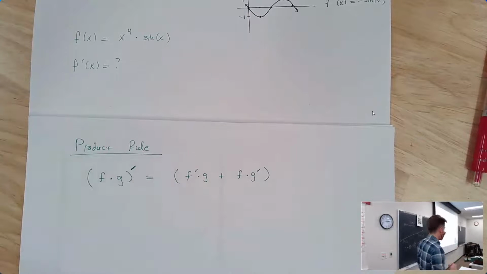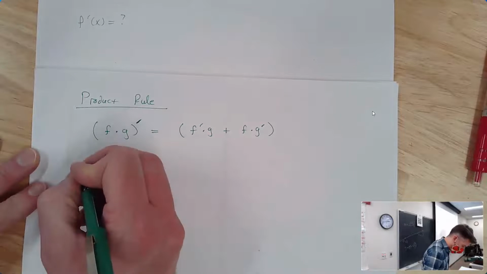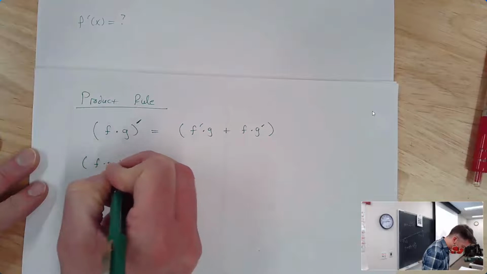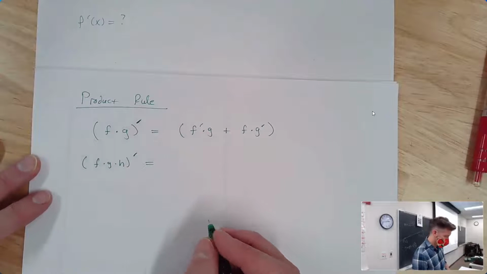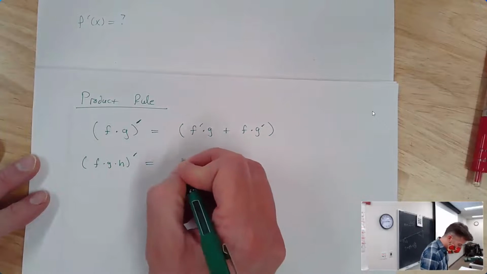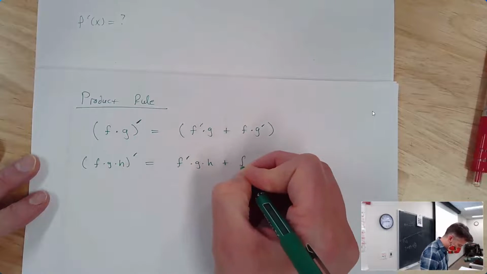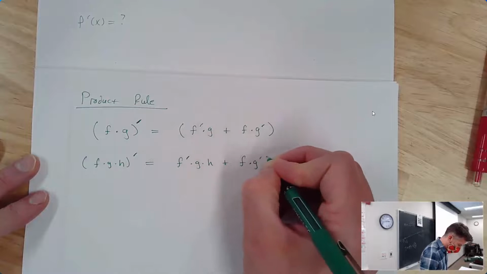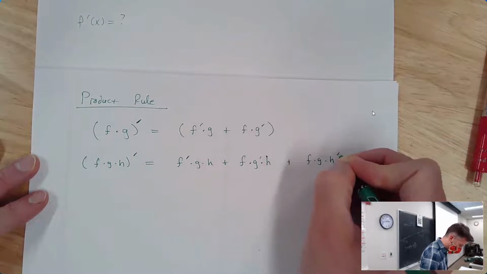And the reason I'm saying it that way is because you can have a product rule for more than two things multiplied together. So you can also have a product rule for 3 things multiplied together. It is going to be f prime times g times h plus f times g prime times h plus f times g times h prime.